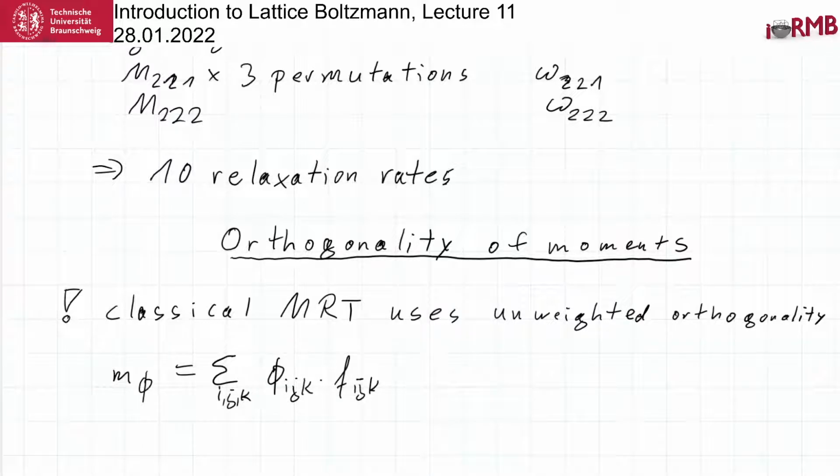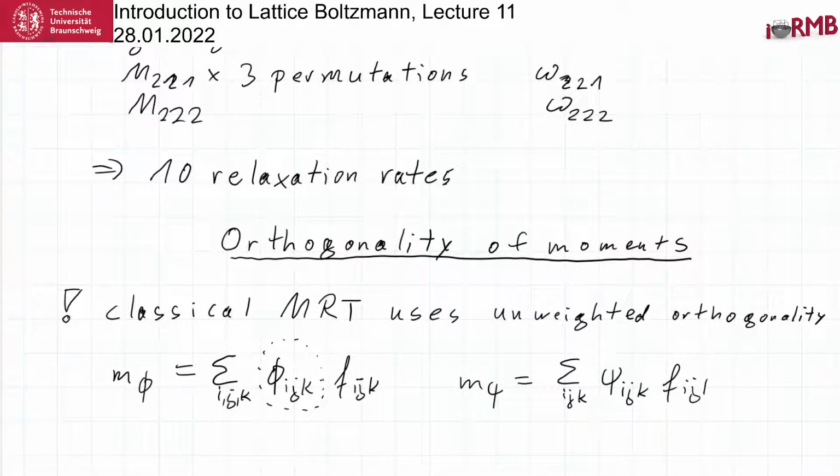So this would be the definition of the moment, where this is the kernel over which we take the moment. And suppose we have a second moment where this is psi ijk, then we would have a psi ijk into fijk.